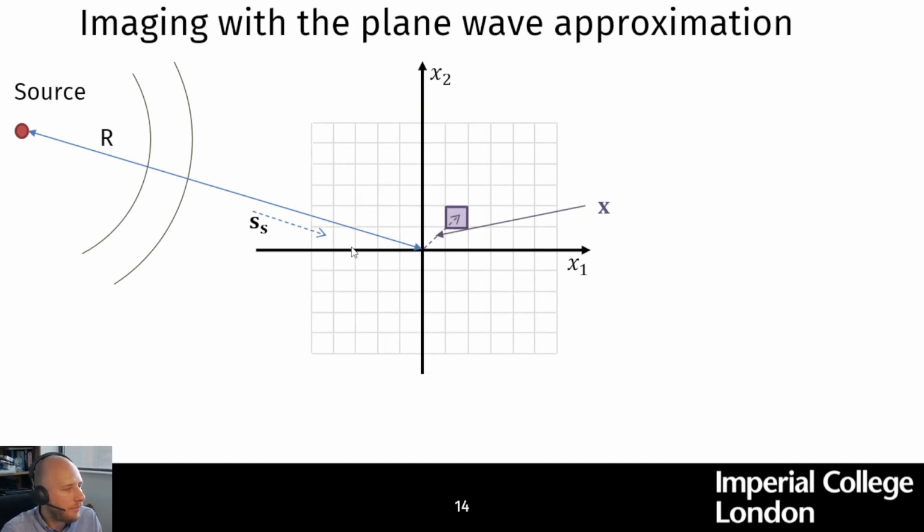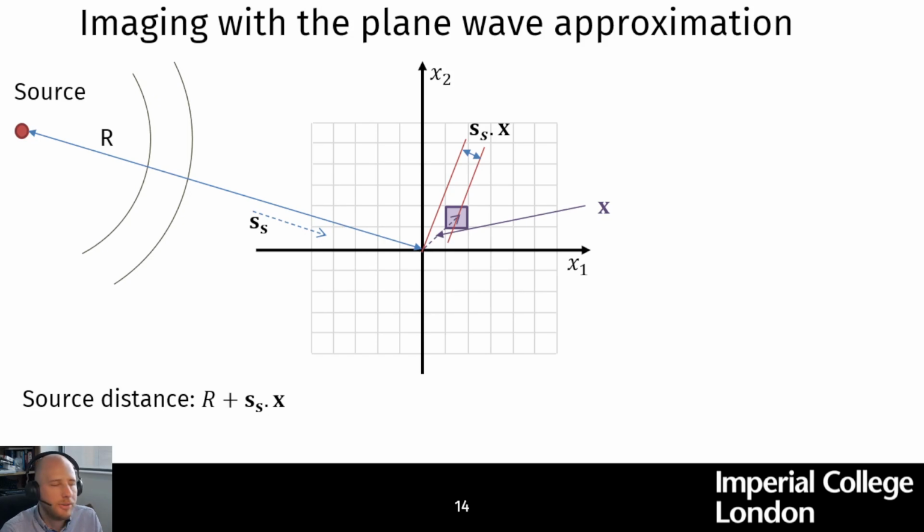And if we then have our imaging pixel, which is position x, given by this vector shown here, we can then calculate our source distance utilizing this little dot product. So we've got the main part, which is our radius r from the source to the center.